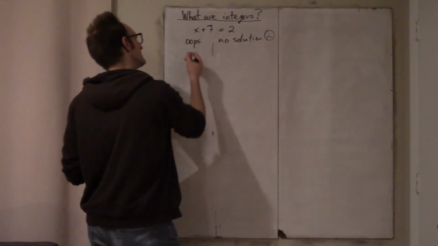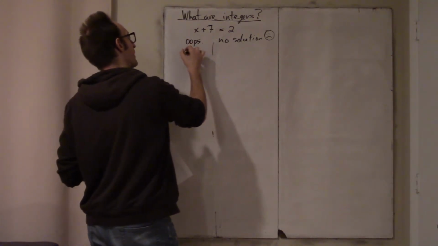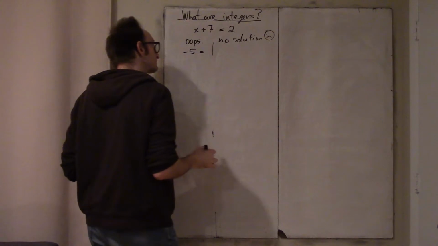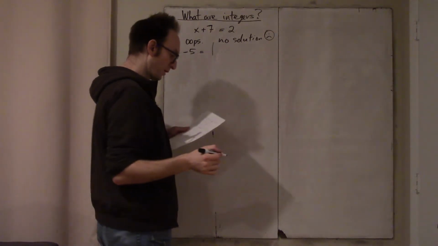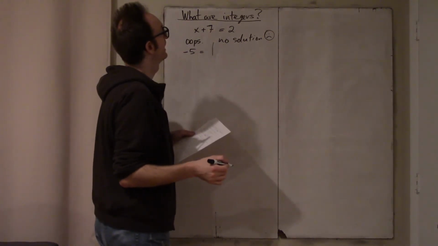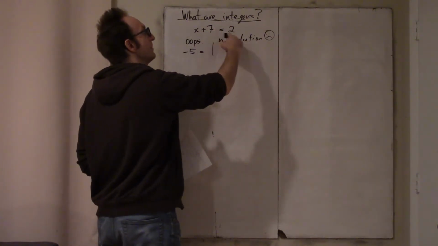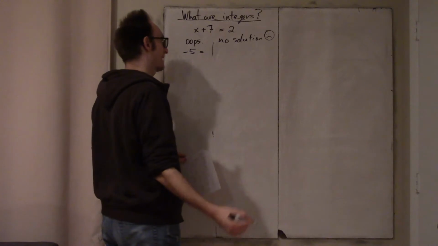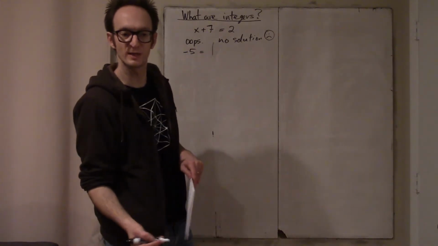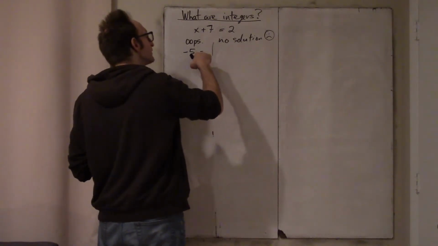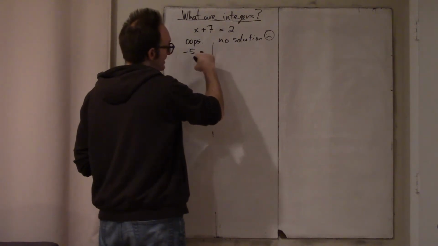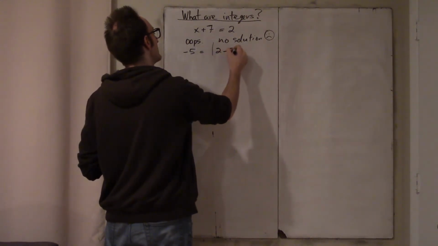So you maybe invent something called -5. What is -5? You would subtract 7 from both sides. But then the problem is that 2 minus 7 is meaningless, because you can't take 7 from 2, because 7 is more than 2. So you invent this symbol, this number, -5, to mean 2 minus 7.